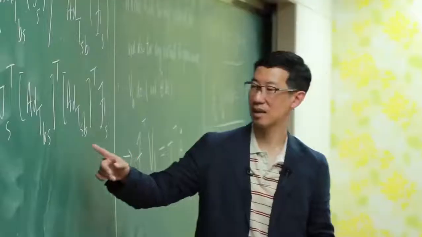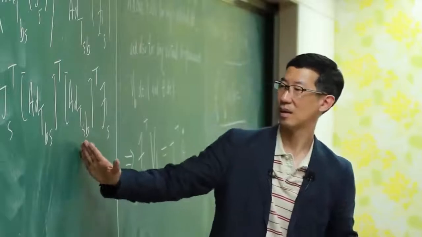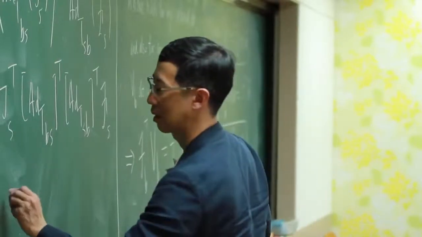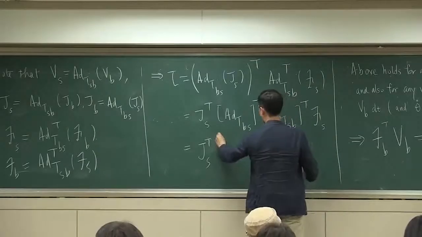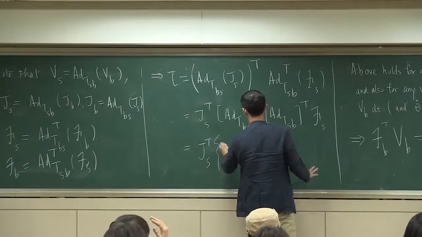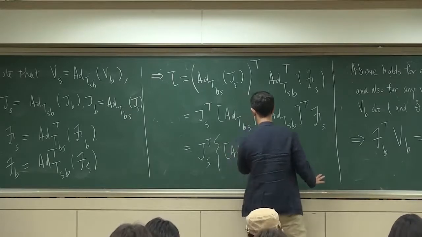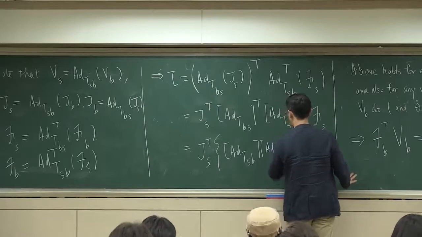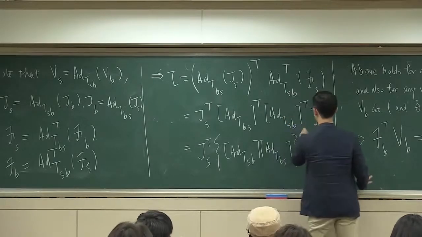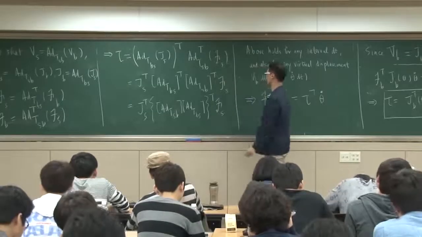And then you can see that something's going to happen here. J_S transpose, so this is Ad_TSB times Ad_TBS, the whole thing transpose times F_S.